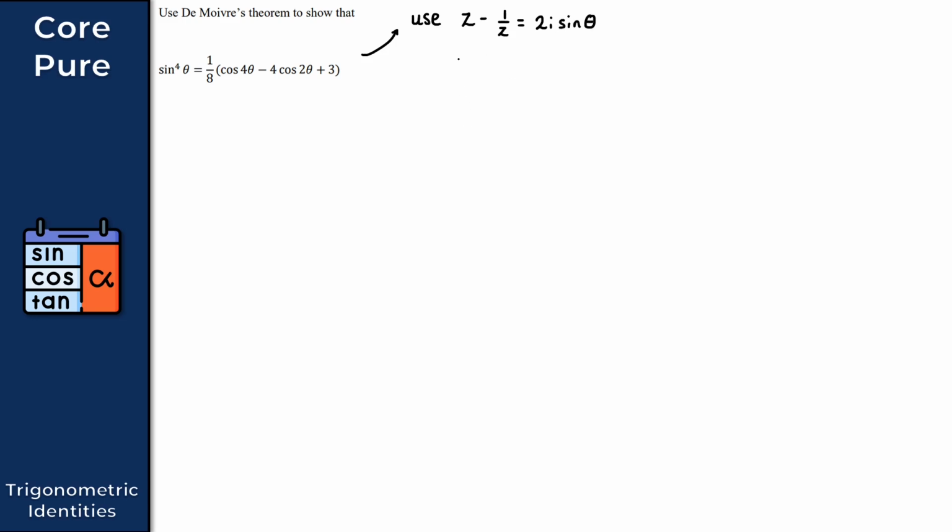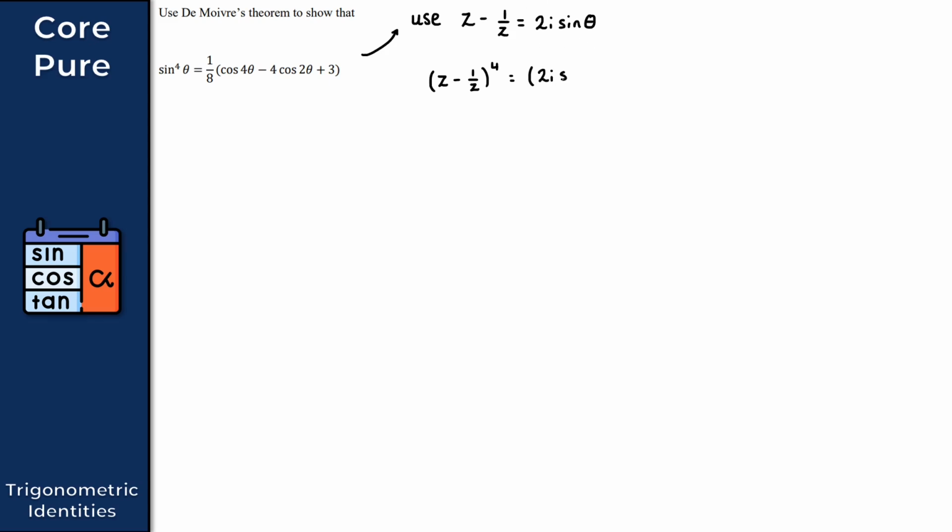Okay. So to begin with then, given that we have sine theta to the 4 here, we take z minus 1 over z and raise that to the power of 4. We've got z minus 1 over z all to the 4. Raise the right-hand side also to the power of 4.